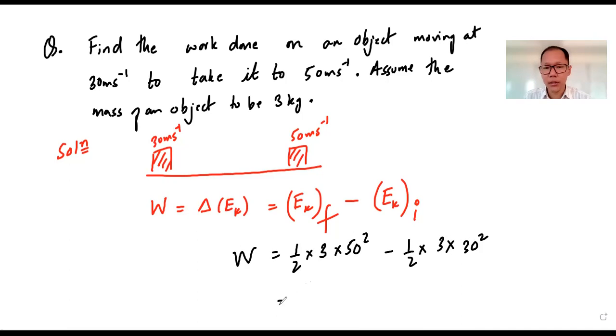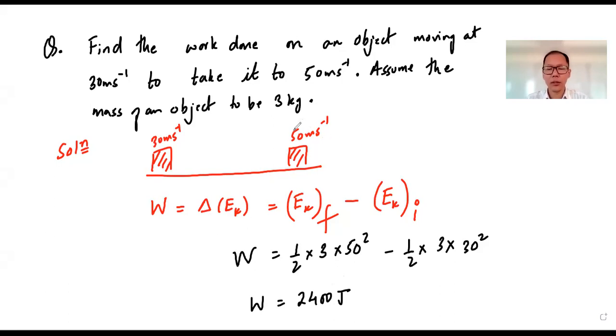Upon simplifying, you will get 2400 joules. That's the work done for an object to go from 30 meters per second to 50 meters per second.